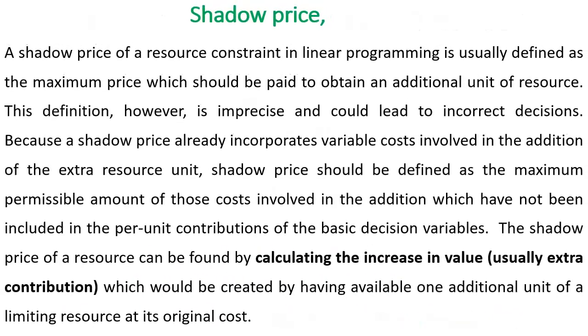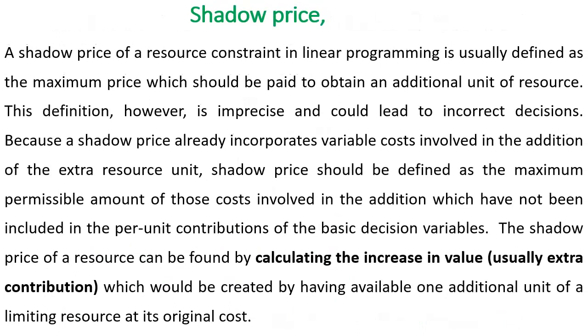Class, first the topic is the shadow price, as displayed on the screen. Shadow price is a source constraint in linear programming. Constraints are the capacities which we define in our problems, the restrictions in linear programming. Shadow price is usually defined as the maximum price which should be paid to obtain an additional unit of resources.